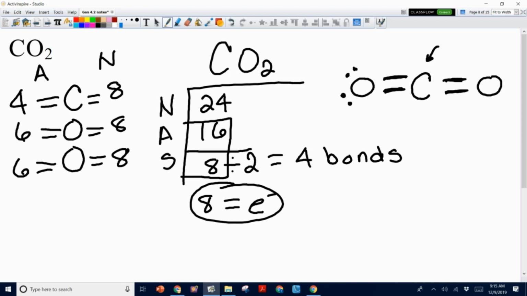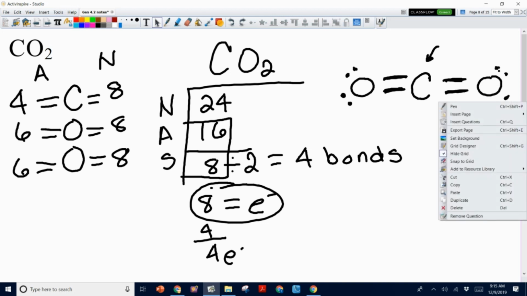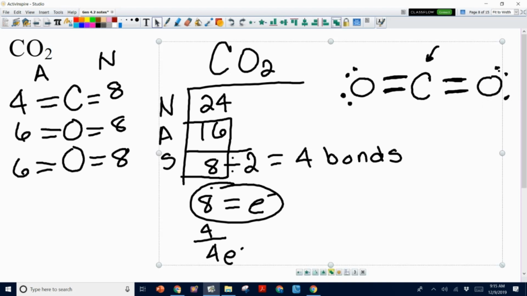So that's 8 for that oxygen. We've used 4 of these. So we have 4 electrons left over. We have an oxygen on this side. So we're going to add 8 electrons on that side. So each oxygen has 8.